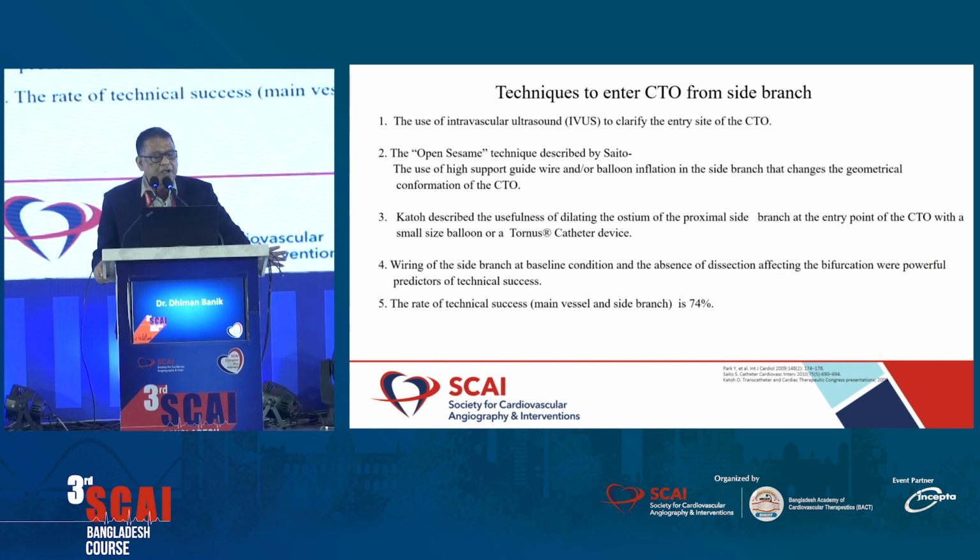And Dr. Kato, also a great operator of CTO, described the usefulness of dilating the ostia of the proximal side branch at the entry point of the CTO with a small-size balloon or Tornus catheter device. Importantly, wiring of the side branch at baseline and the absence of dissection affecting the bifurcation or trifurcation were powerful predictors of technical success in side branch CTO wiring.